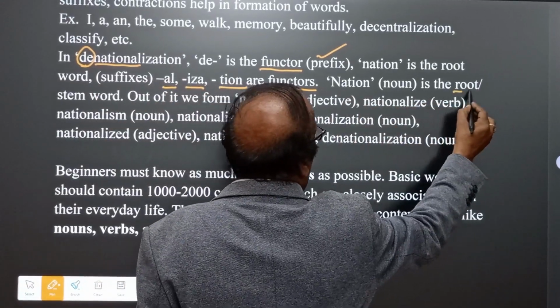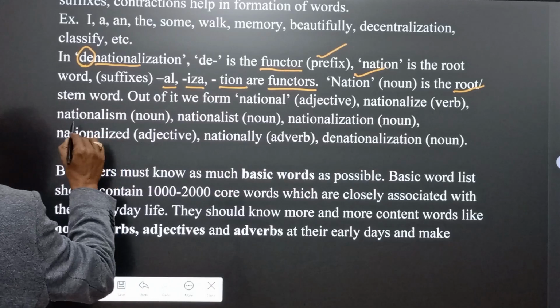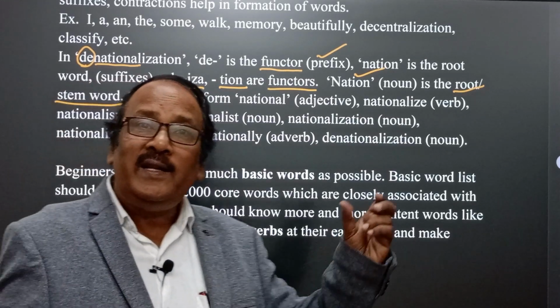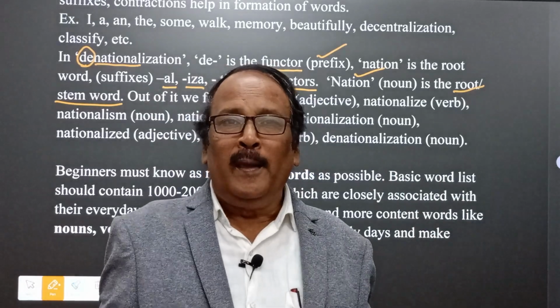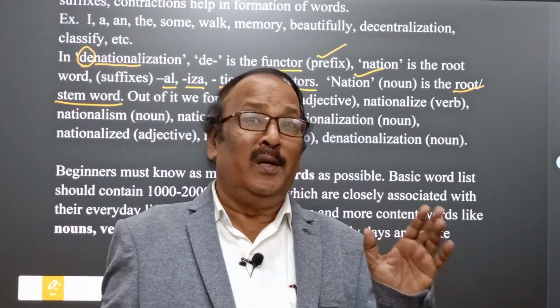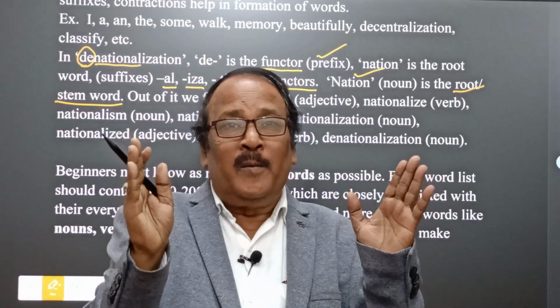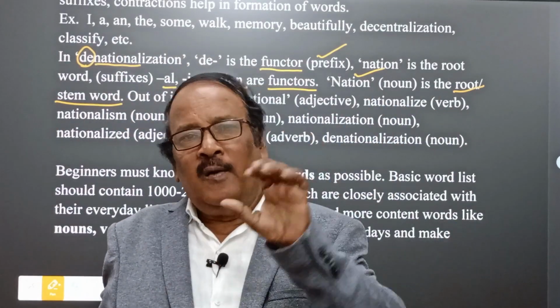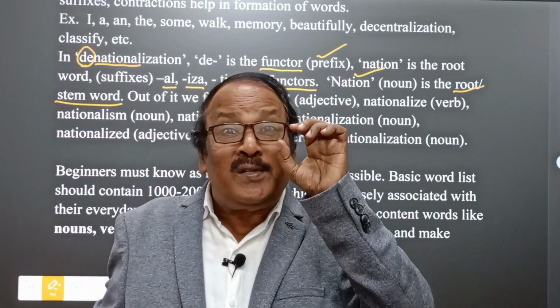Nation is the root or stem word. Usually one stem or root word is very necessary whenever we expand or form another word deriving from the root word, the stem word.